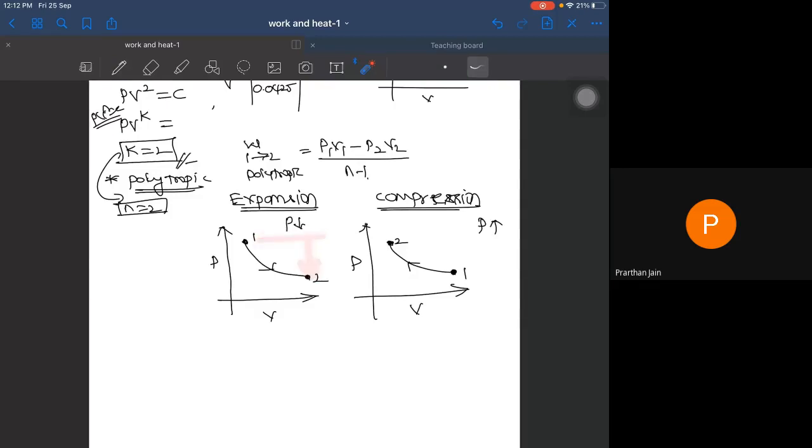When you observe on the PV diagram like this, the pressure gets dropped from state 1 to state 2. Any doubts, guys, in this? In deciding, if it is an expansion process, you have to take it this way.